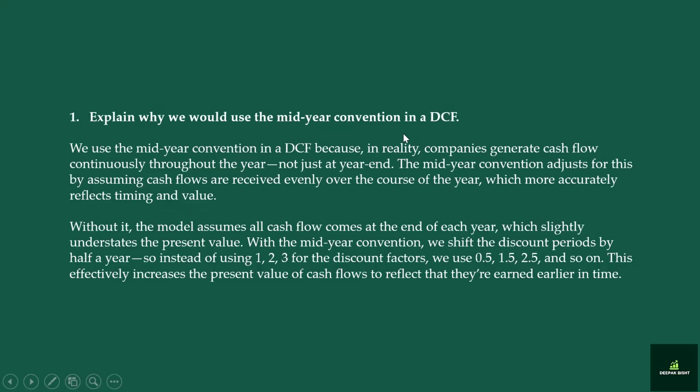In question number 2 also, we will be discussing the mid-year convention, but we will refer to our Excel where we have done a DCF. So let's move to question number 2 now.